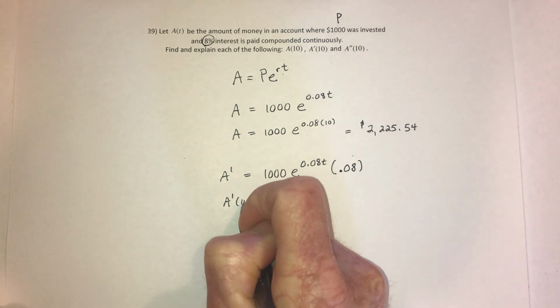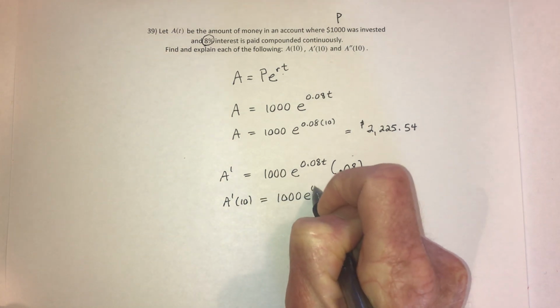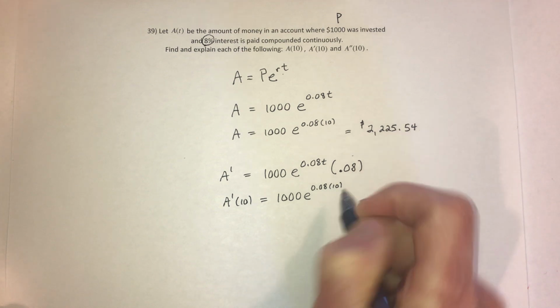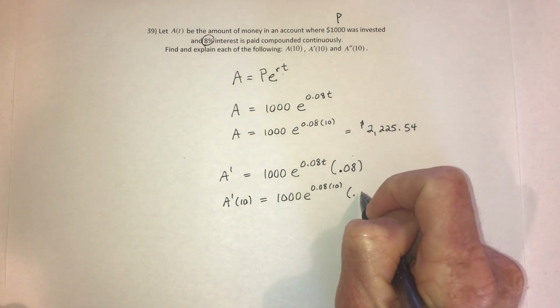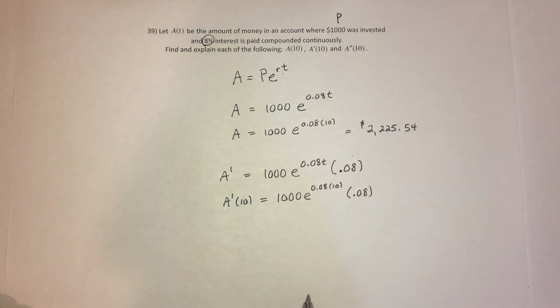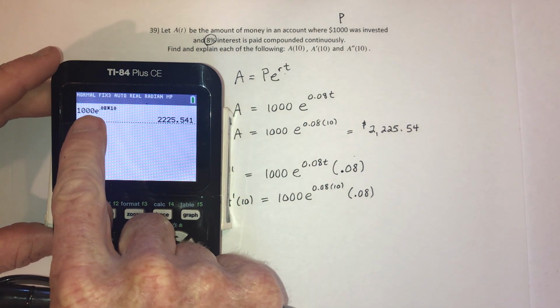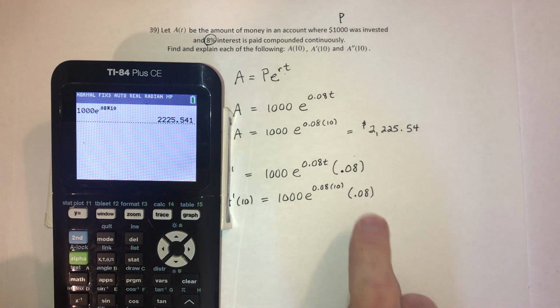And then when you substitute in a 10, that's basically going to take the last number that we just had and multiply it by a 0.08. So this part is already that part. I just need to multiply it by a 0.08.